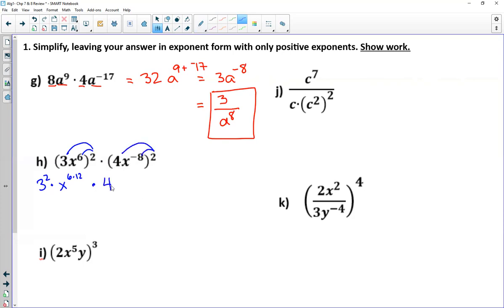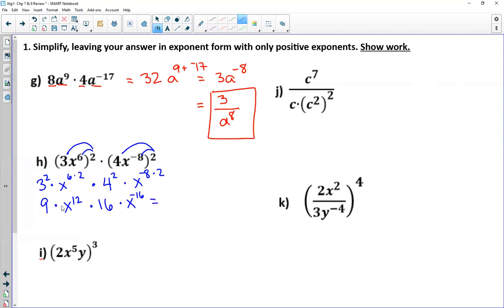We're going to have 4 squared times x power to a power, we multiply -8 times 2. So let's go ahead and start simplifying. I'm going to have 9 times x to the, sorry, that's not supposed to be 12, that's supposed to be 2 times 2. So we'll have x to the 12th multiplied by 16 x to the -16th.